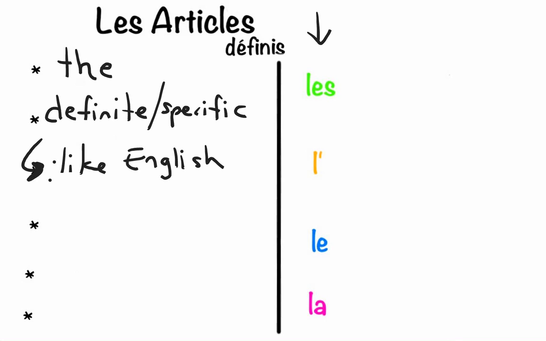For example, the cat. If we're talking about the cat that you saw when you were walking to school, or the cat perhaps over there, there's a specific cat that we're talking about in this example.